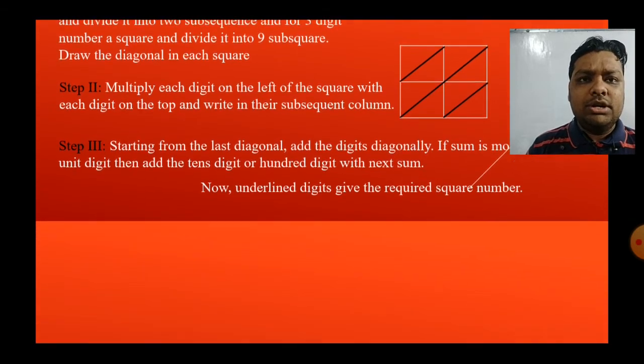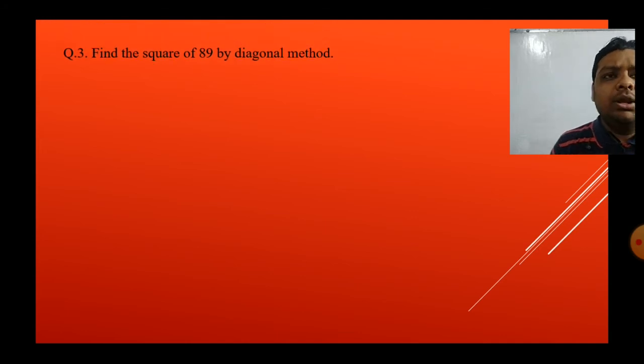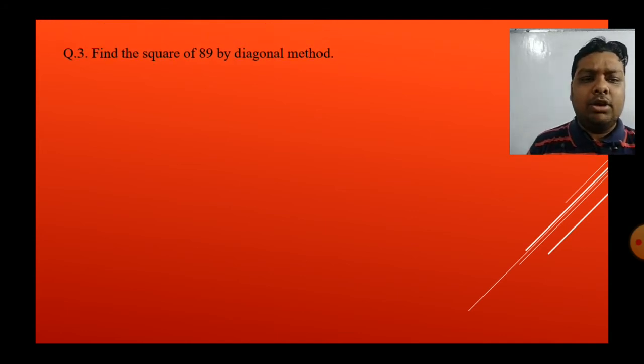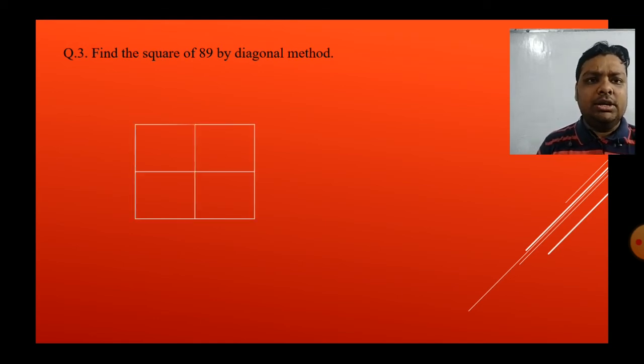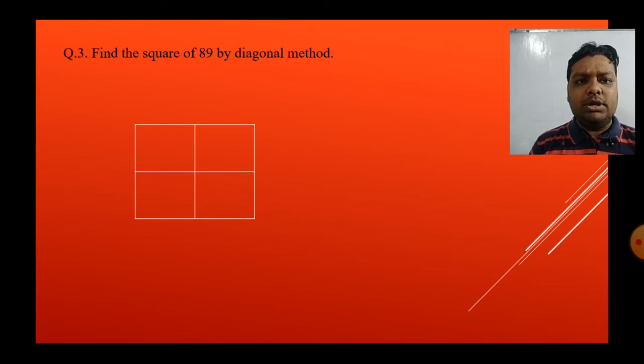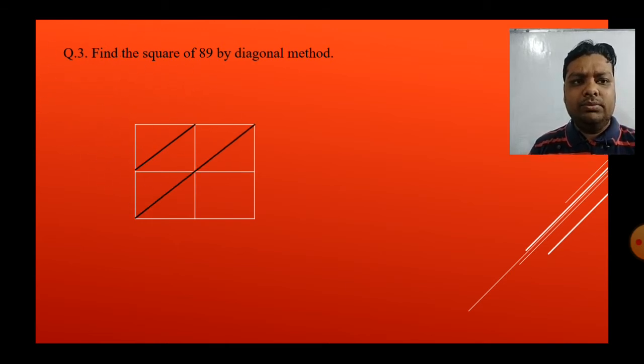Okay students, so let's see one example to understand this concept carefully. Now find the square of 89 by the diagonal method. At first we will draw a square, because it is a 2-digit number, so we will draw only 4 sub-squares. Then we will draw diagonals like this.